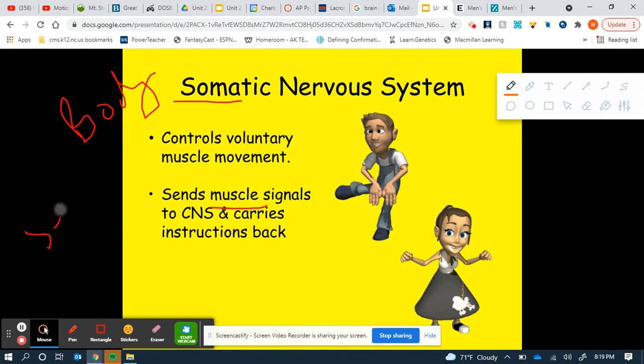It consists of sensory and motor neurons, which we have already talked about. So it is the peripheral nervous system that is in control of our body.